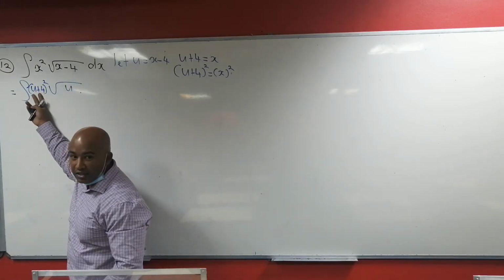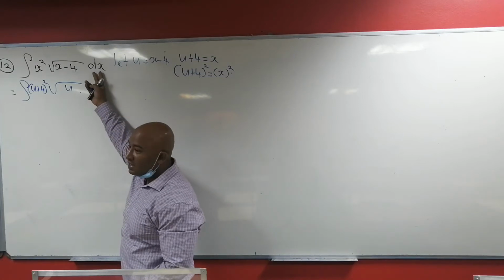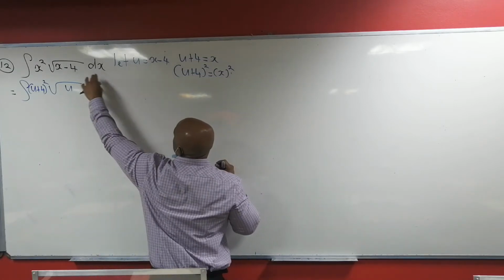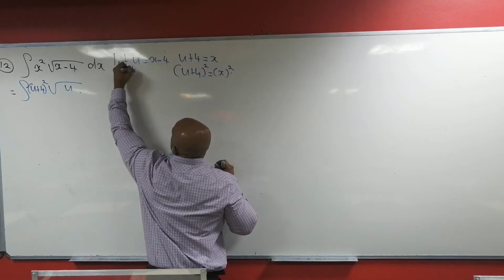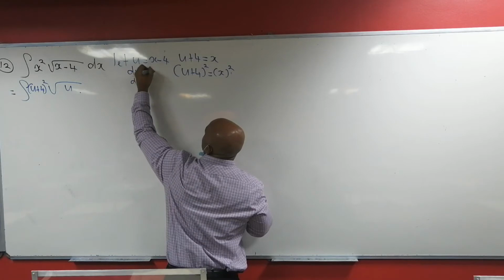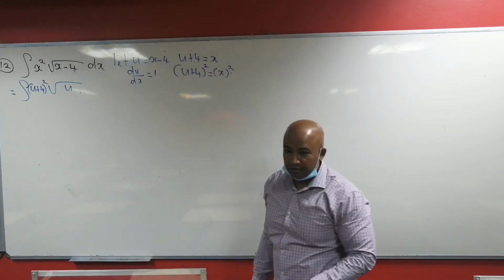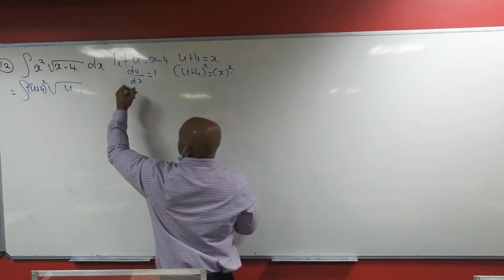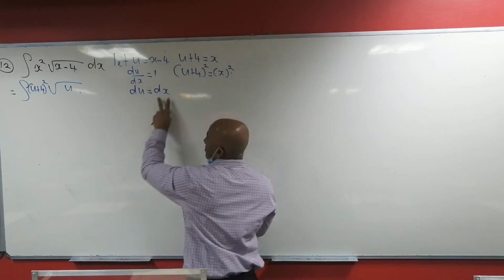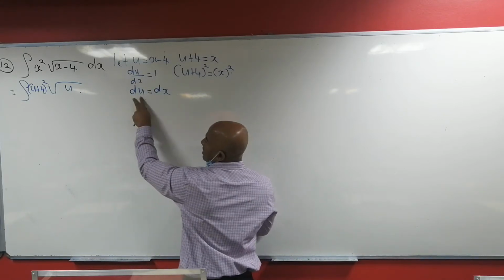I got x squared in terms of u. Now all I need is dx in terms of u. So how do I get dx? That's a derivative. So du over dx, the derivative of x minus 4 is just 1 minus 0. Okay, simple, nothing difficult here. So du is equal to 1 times dx. That means the replacement for dx is straight du.